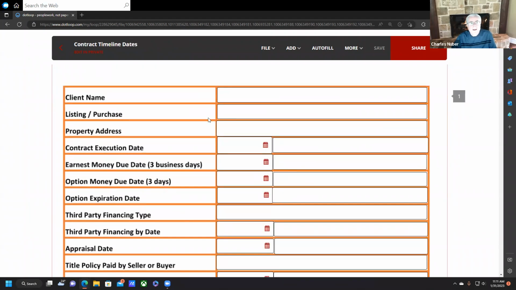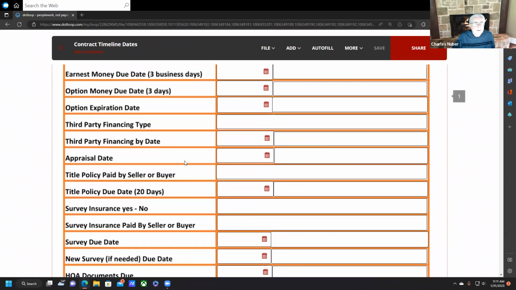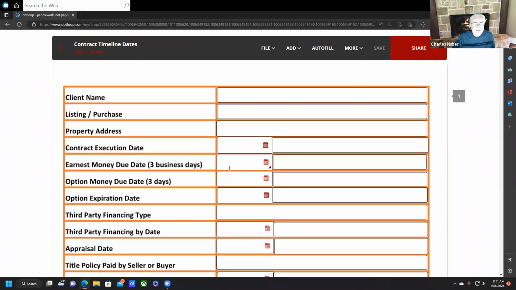All right, for you agents that don't really have a system in place yet, maybe you've only worked on a few contracts, I highly recommend that you put together some kind of timeline sheet. This is the one that I've provided for you. In that timeline sheet, it's got the specific performance dates that the buyer and seller have to perform.